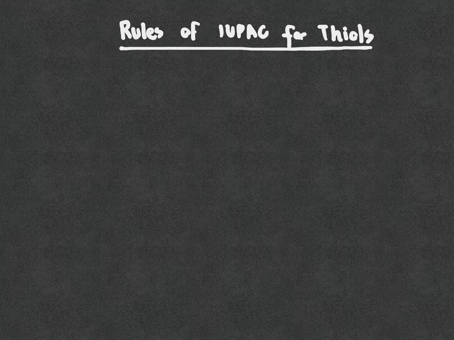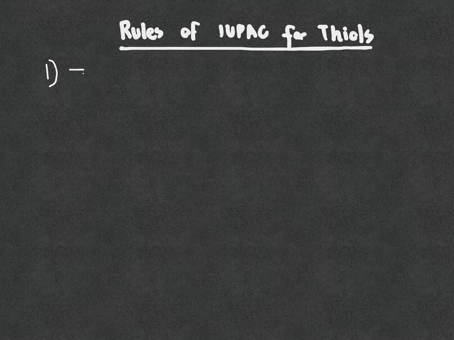In fact, as I write down the rules for this, I'm very much copying and pasting items from the rules for naming alcohols. So if you've got a good mastery of one of them, you should have a mastery of the other as well. So the first step for naming both alcohols and thiols is find the longest carbon chain that includes the carbon that is directly bonded to the SH group, or in the case of alcohols, directly bonded to the OH group, and start numbering the chain from the end closest to the carbon that has that group.